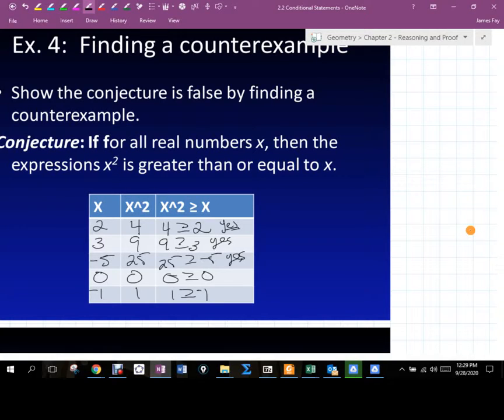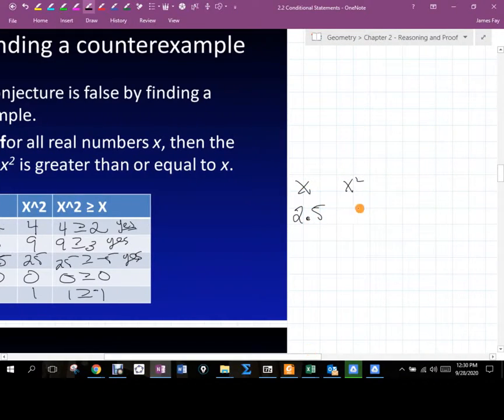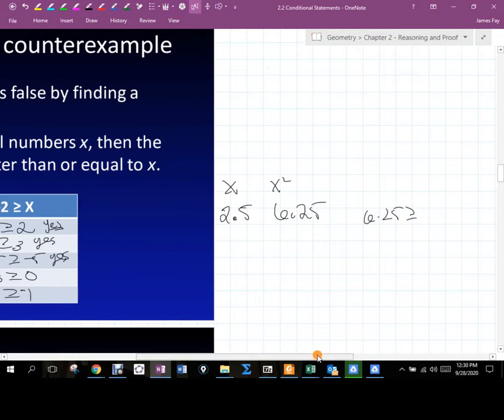So if I try a decimal like 2.5, and I square that, that gives me 6.25. Is 6.25 bigger than or equal to 2.5? Okay, so that was okay. So those decimals.